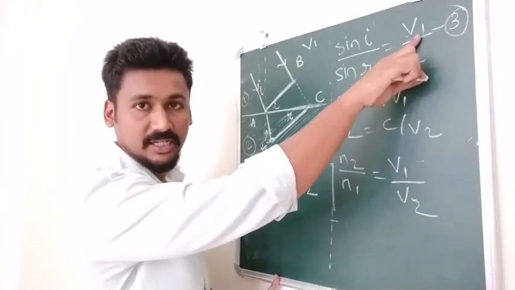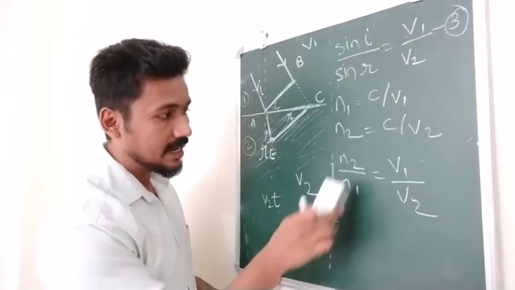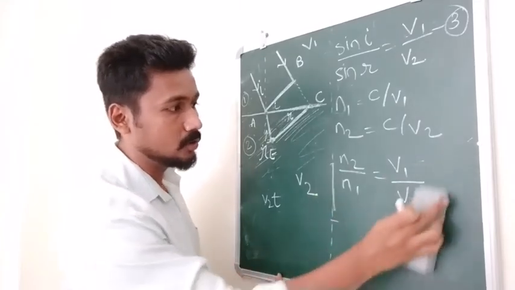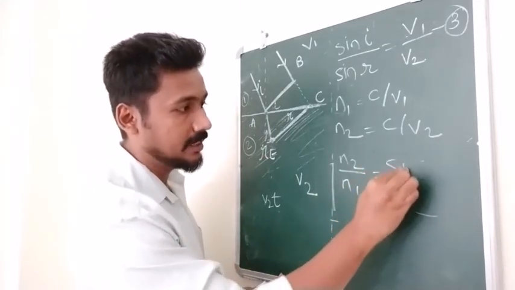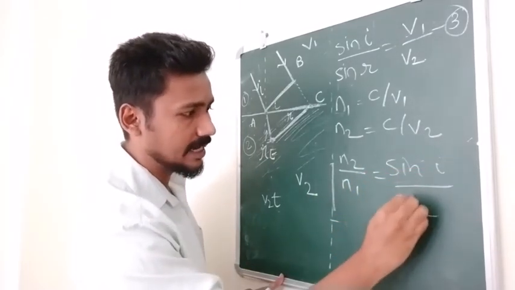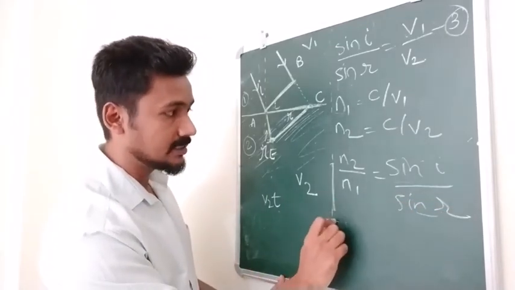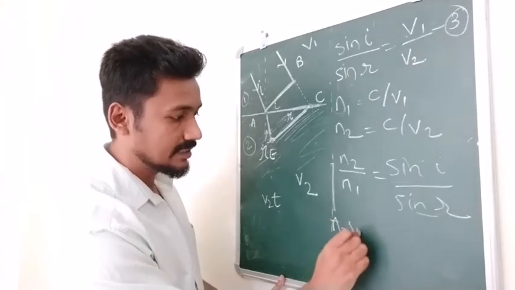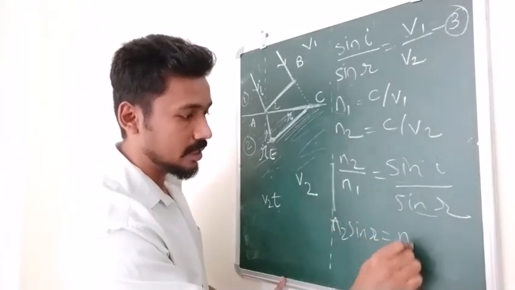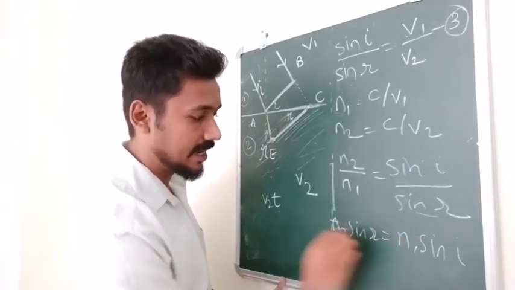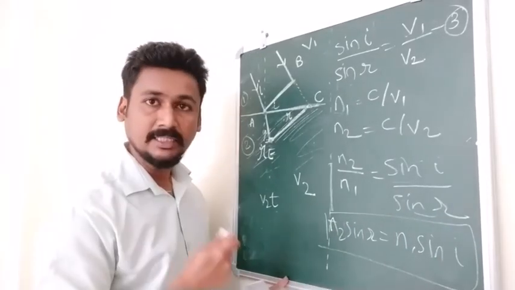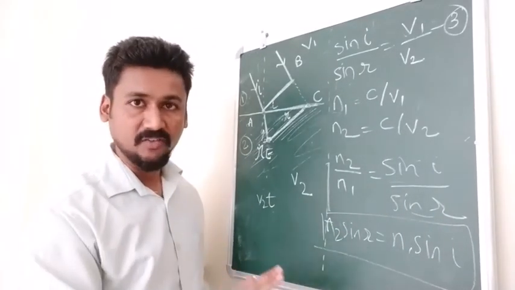Comparing with equation 3, you can therefore write N2 by N1 is equal to sine of I upon sine of R. Or rearranging, N2 sine R is equal to N1 sine I. And this is nothing but Snell's law, which is the law of refraction.